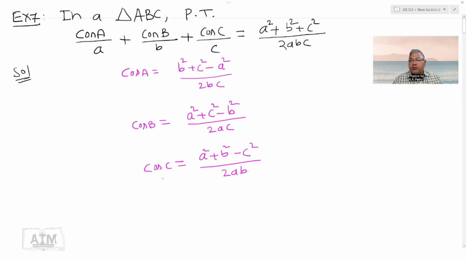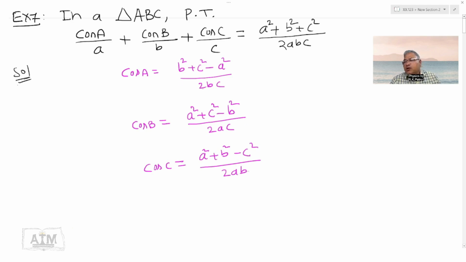How to remember this formula? While finding cos A, there is a minus A square. While finding cos B, there is a minus B square. And while finding cos C, minus C square. When there is cos A, the B square and C square are positive. For cos B, A square and C square are positive. And while getting cos C, A square and B square are positive.